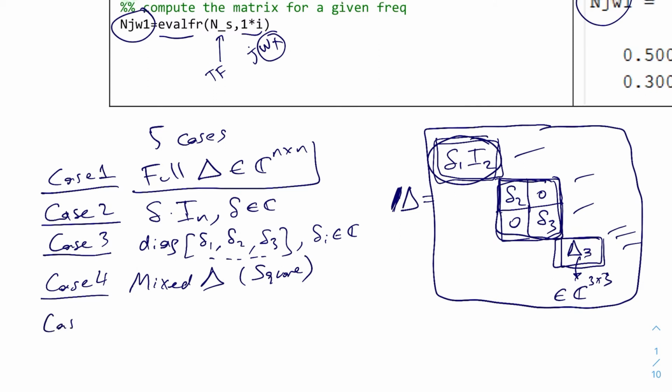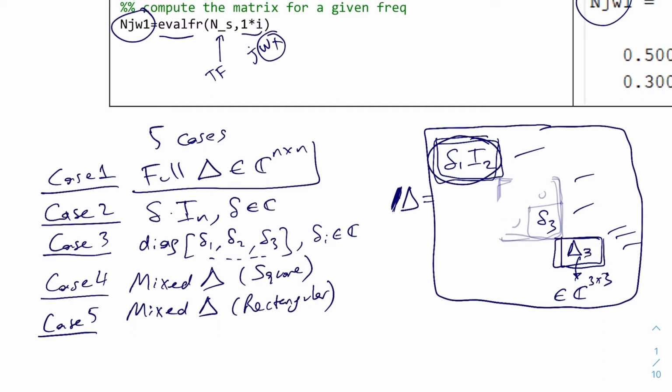All right, and now I'm going to write case 5, again mixed delta and rectangular. And in that case we can have something like this. For example, let's delete that.